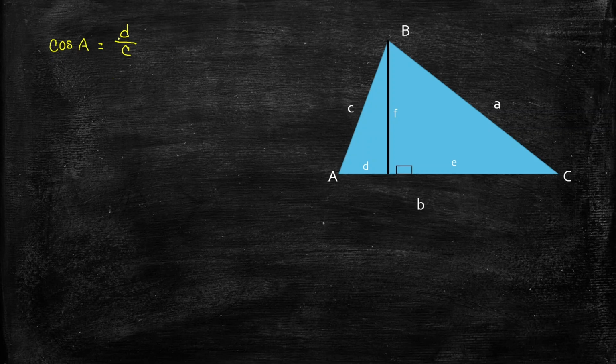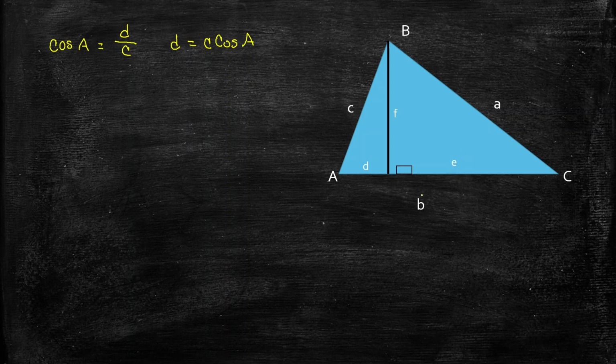And if I rewrite this for solving d, then d would equal c cosine A.